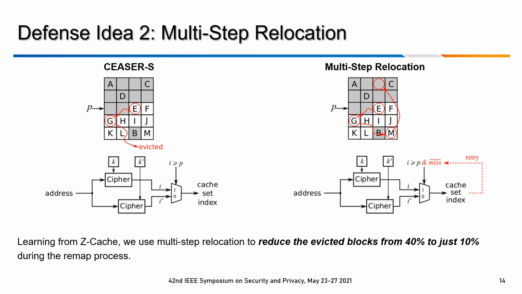Using multi-step relocation does not prolong the remap process, and the introduced overhead is just a retrial. Using a new encryption key when using the old one results in a miss during the remapping process. Considering remap is still an infrequent event, this cost, in both latency and hardware, is trivial.